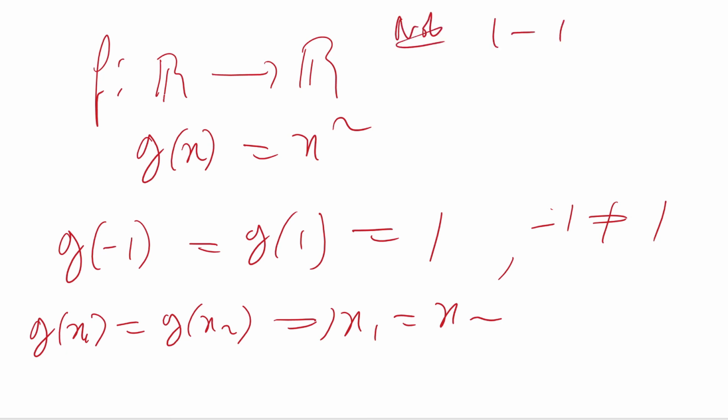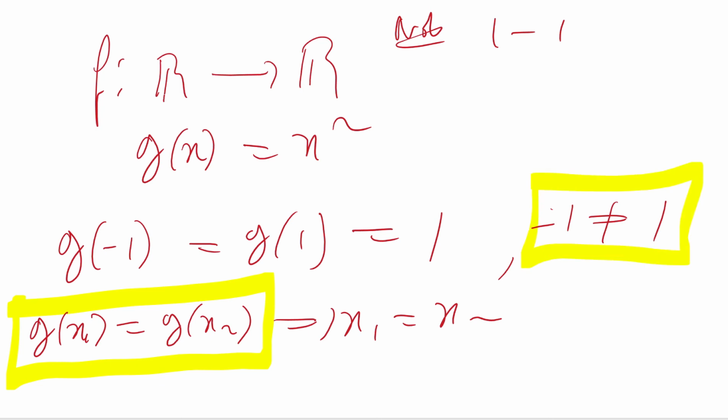The reason is we do indeed have g of x1 equal to g of x2, but x1 and x2 are different. So this is true, we get this equality, and the elements are different, but we get the same output. So this side is correct, but this side is false.